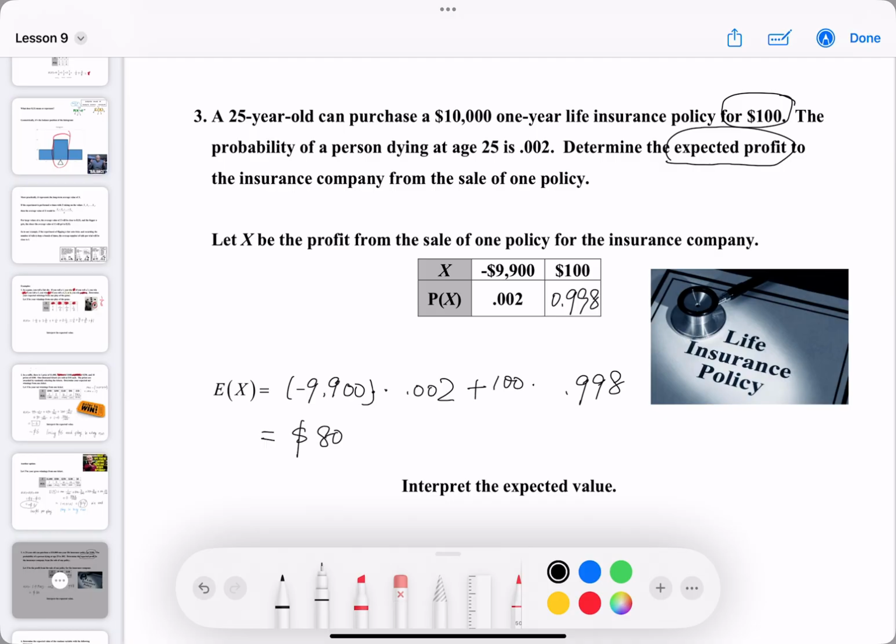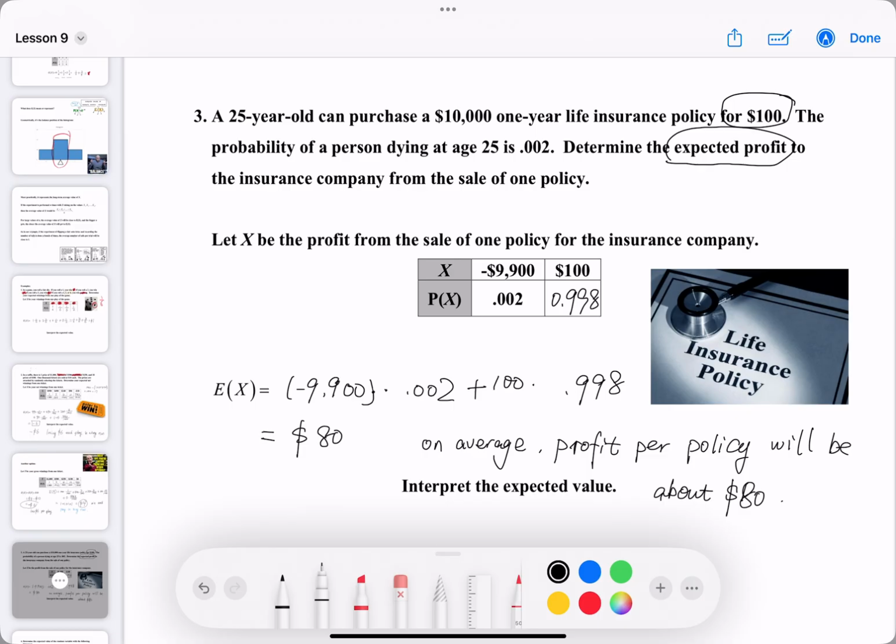If the insurance company sells many of these policies, then on average their profit per policy will be about $80.